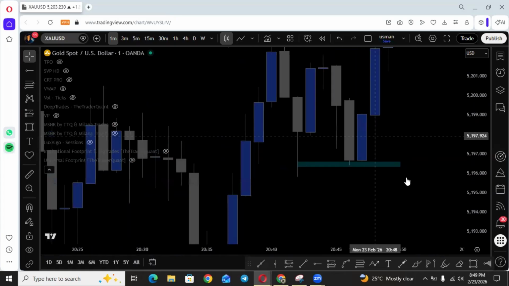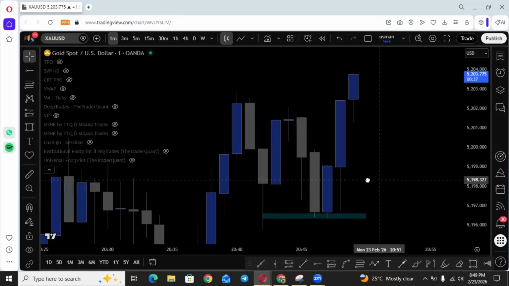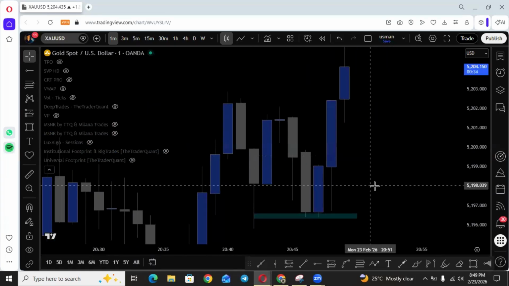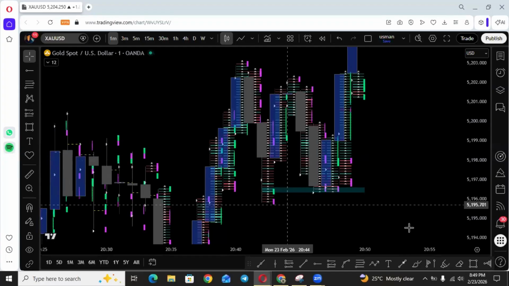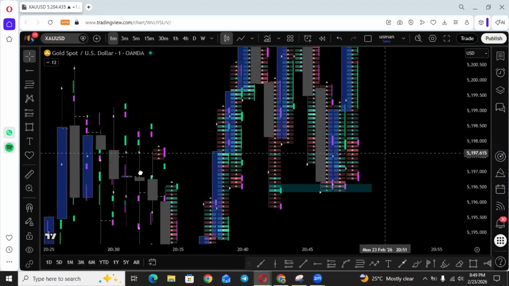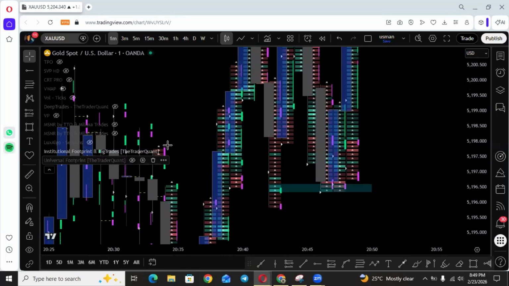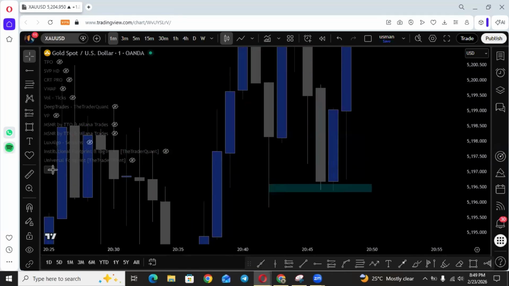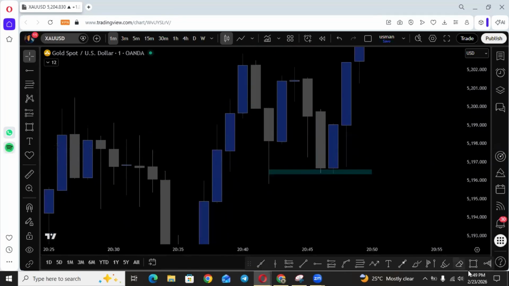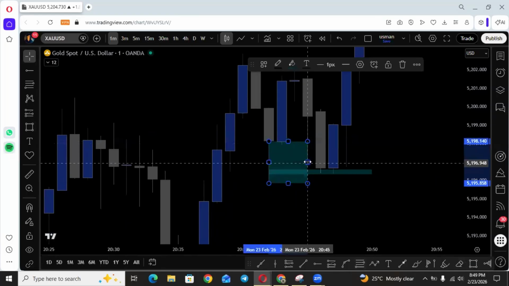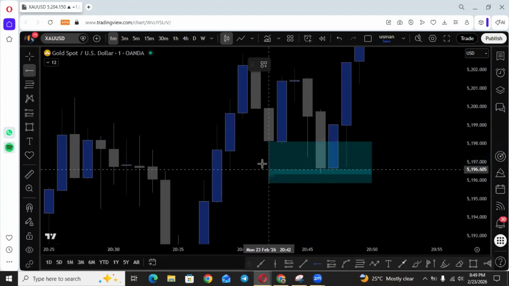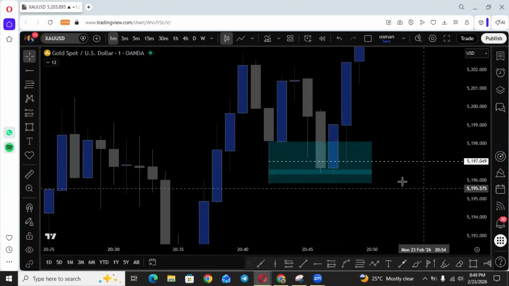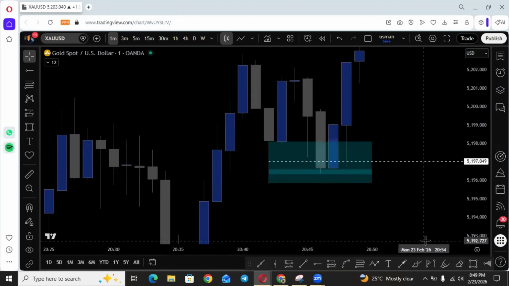If we are watching with the naked eye, this is the live market and we will never mark the area where the imbalance is. The retail concept, trading with the naked eye, is maybe the rejection block. We mark the 50% of the rejection block, and we try to anticipate the market to go up from there.